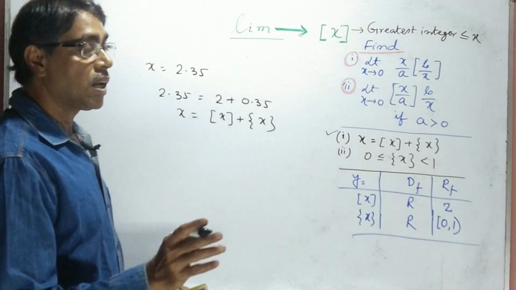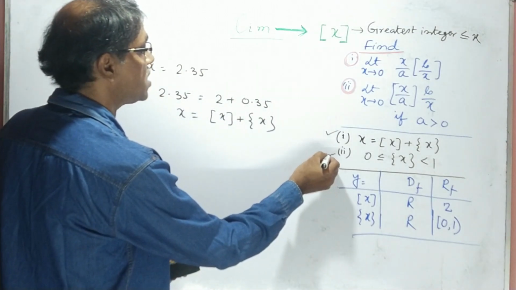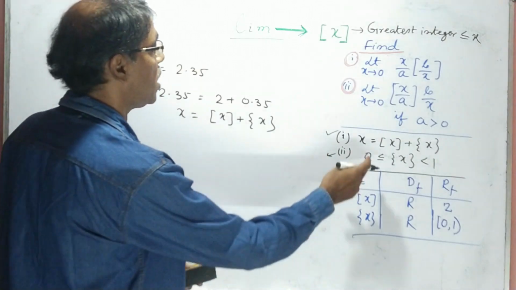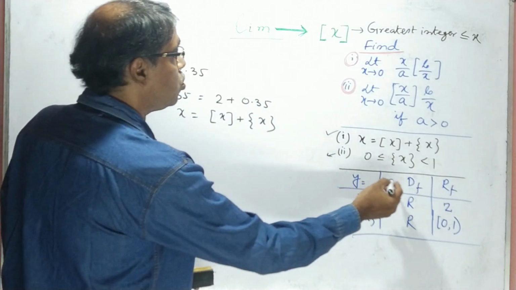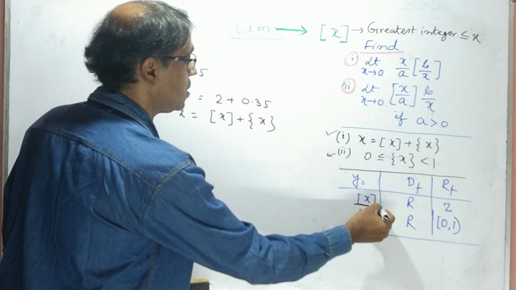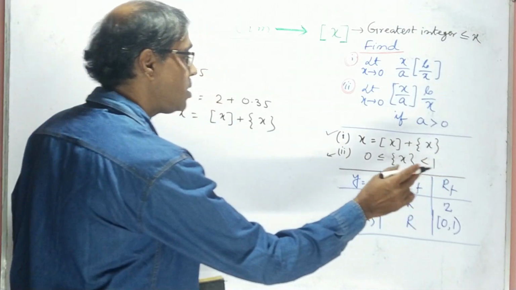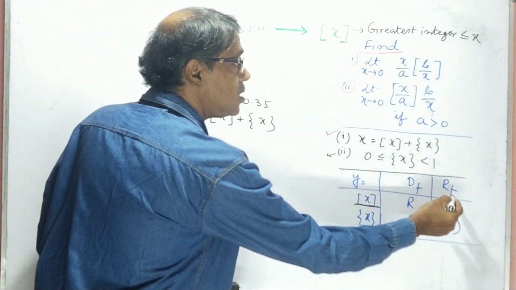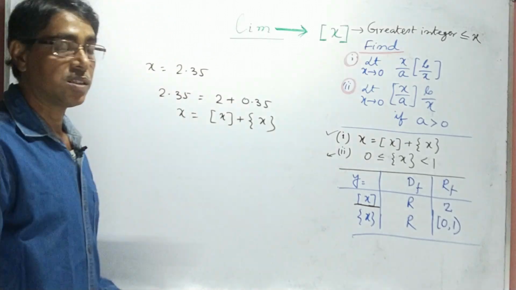Also, from the graph or otherwise, we say that the fractional part of x always lies between 0 and 1. So the domain of the greatest integer of x, not exceeding x, is all the real numbers, and the range of the greatest integer of x is the set of all the integers.